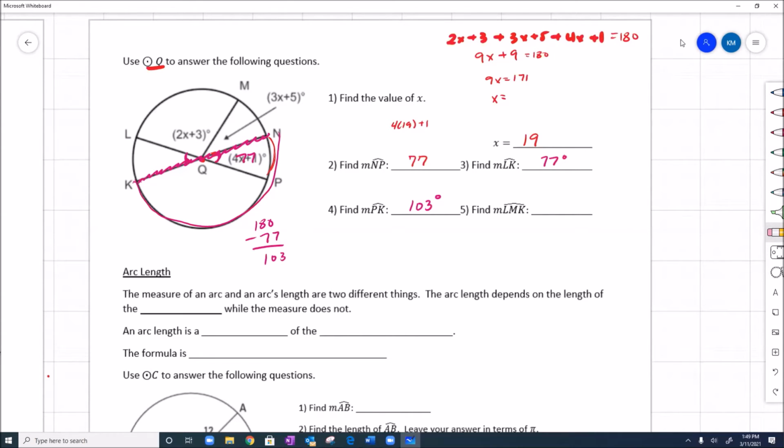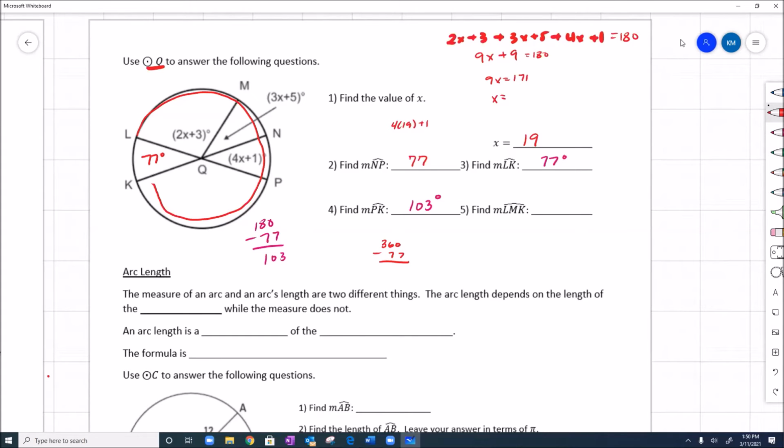And then finally, they're asking us to find LMK. LMK goes all the way out here. Okay, so L to M to K is all of this. Okay, since we already know that LK is 77, LMK must be the rest of that circle. So probably be better for us to say, okay, 360 minus 77 than to add all the information up here.